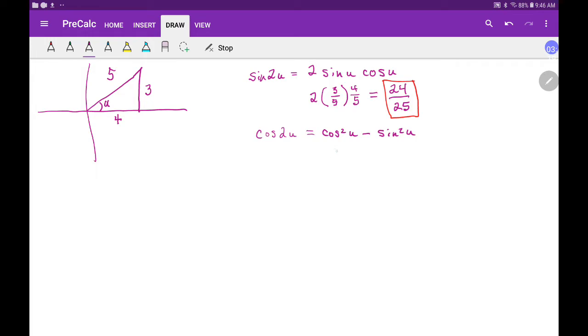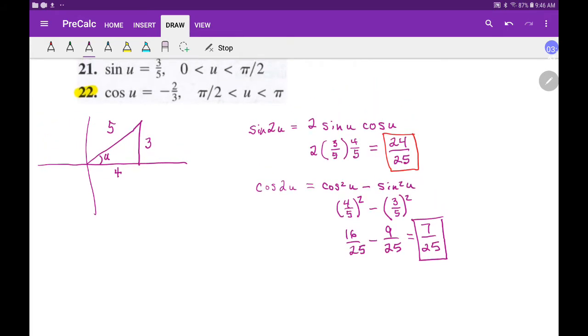What's the cosine of u? Well, we set it up above. It's 4 over 5. And it's squared. And we're going to subtract sine of u squared. So let's see, that's 16 over 25 minus 9 over 25 is equal to 7 over 25. And there we go. That's cosine of 2u.